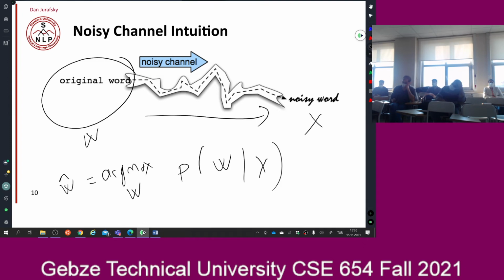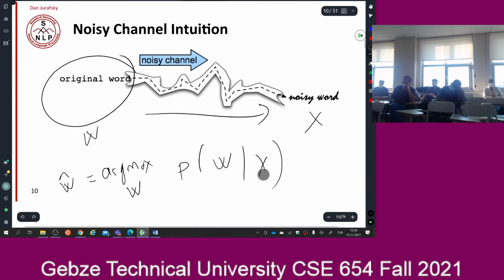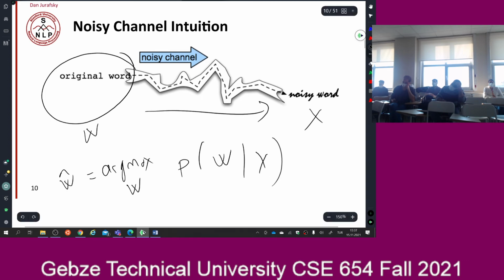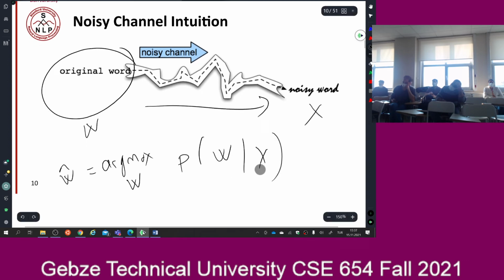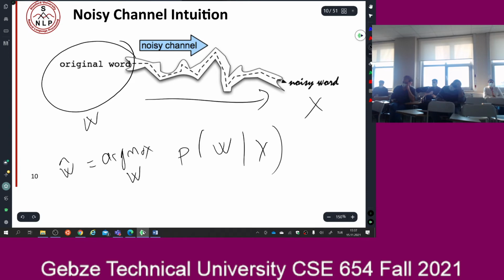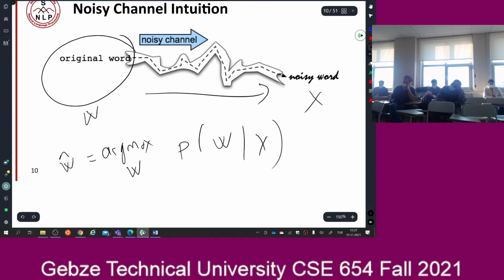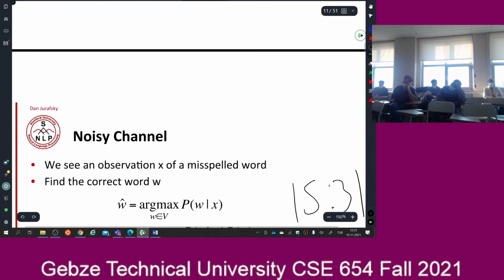So I am sending a word and I am getting another word, X. Given X, what is the probability of W? X is fixed, and I am looking at all the W's in my dictionary. So that's what I am trying to do here.